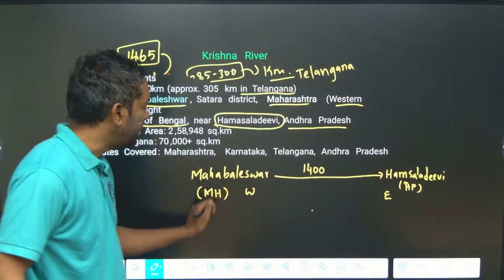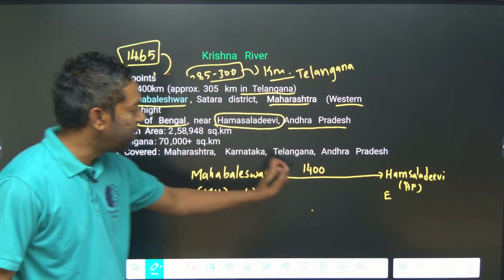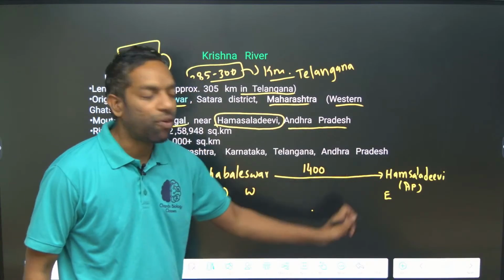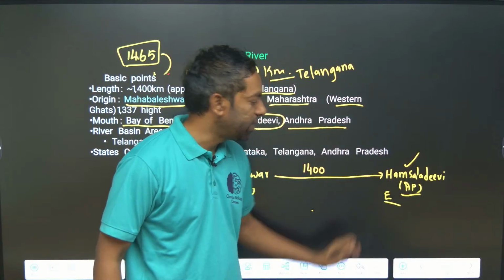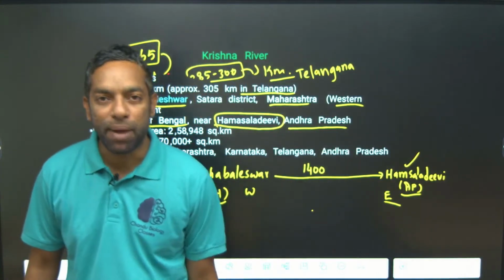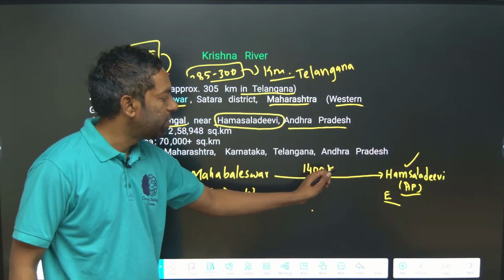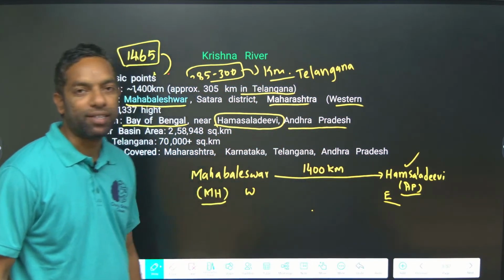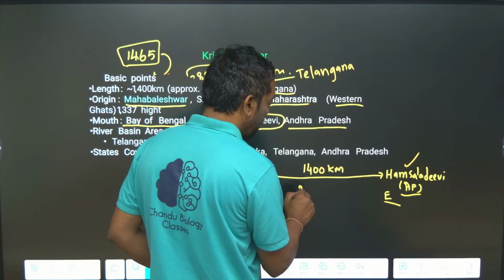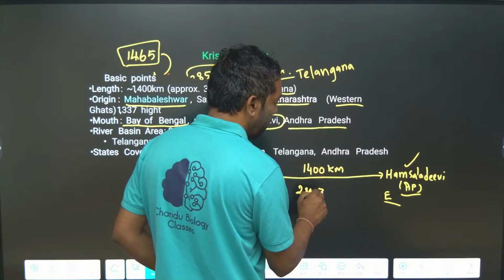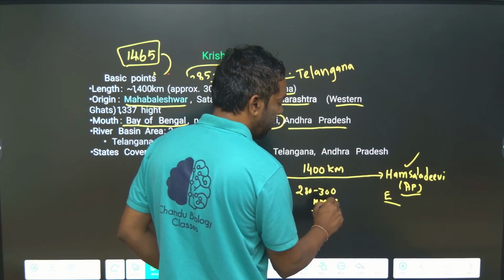From west to east, it originates in Maharashtra at Mahabaleshwar, and the end point is Hamsala Devi, where it reaches the Bay of Bengal, carrying 1400 kilometers. In Telangana, it is 280 to 300 kilometers.